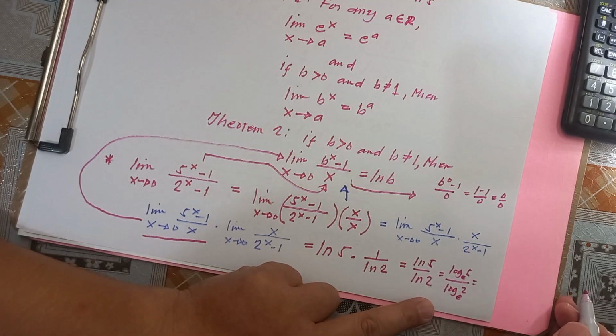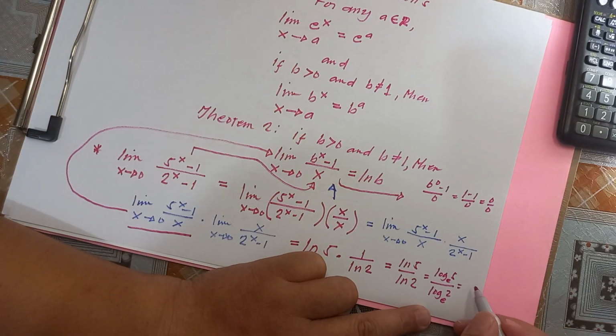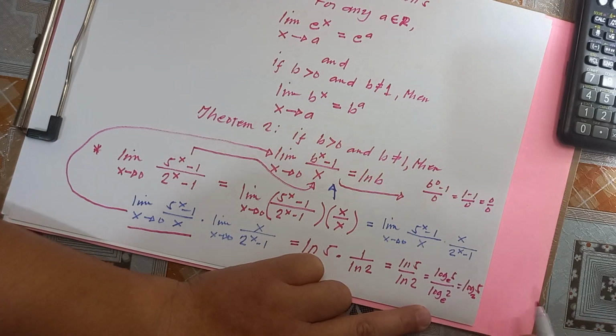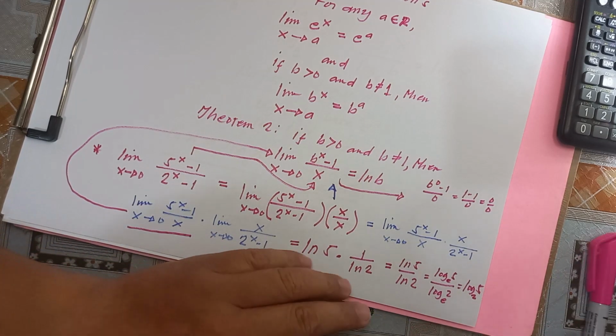Using the change of base rule, that is the same as log of 5 with base 2.